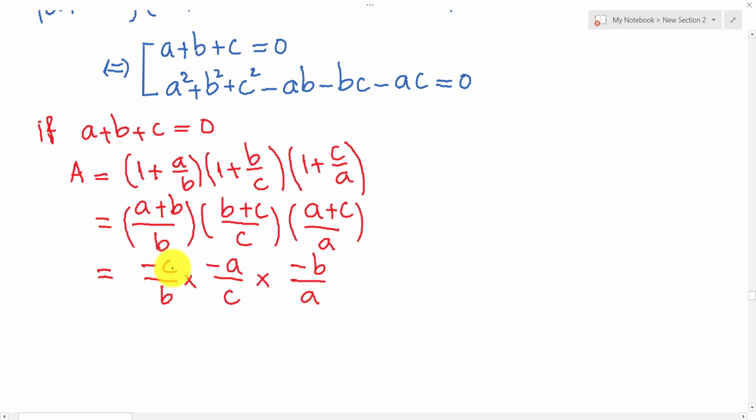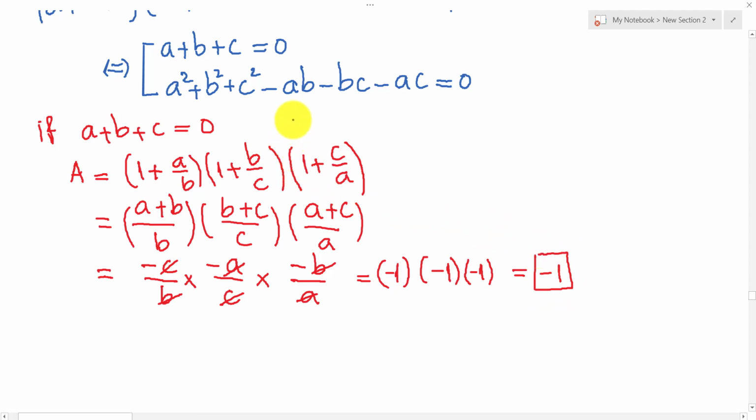Now we simplify a with a, b with b, and c with c. So we get minus 1 multiplied by minus 1 multiplied by minus 1, so it equals minus 1.